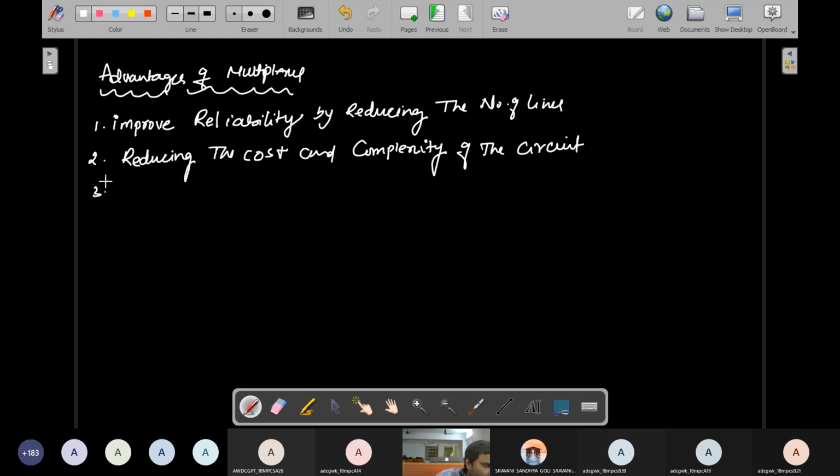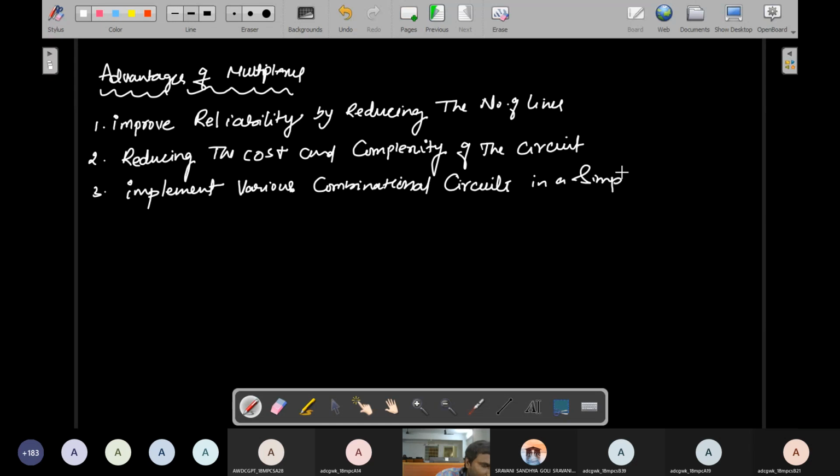And the third point is implement various combinational circuits in a simpler way.